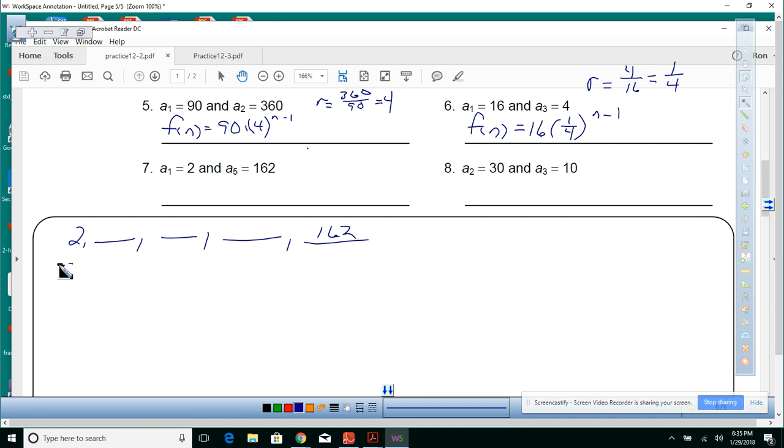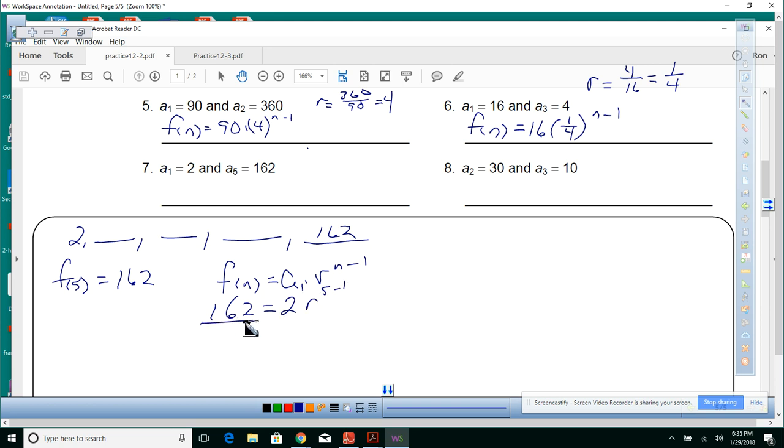Okay, well, let's see here. We've got our trusty formula, f of 1, 2, 3, 4, 5. F of 5 equals 162. So that formula was f of n equals a sub 1 times r to the n minus 1. So this is going to be 162 equals 2 times r to the 5 minus 1.